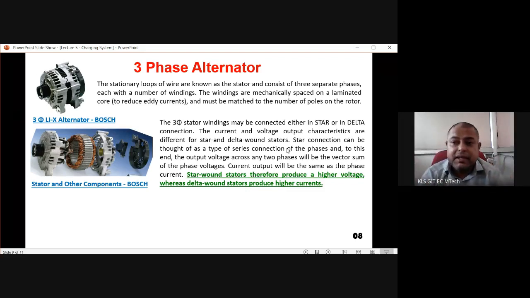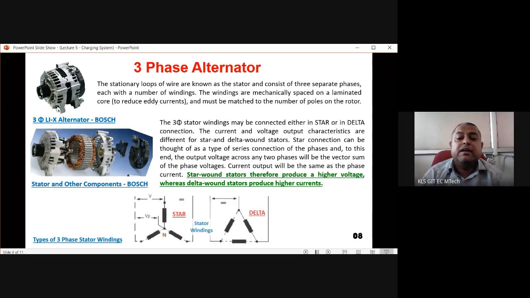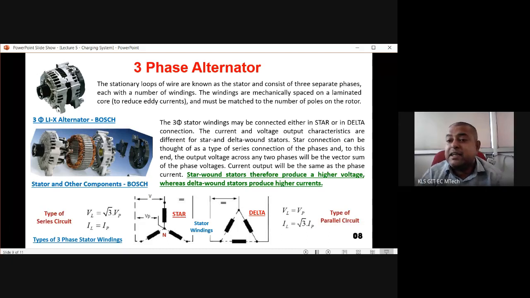In case of star, the line voltage is root 3 times the phase voltage. And for delta connection, the line current is root 3 times the phase current. So if we want a higher current output, we use the delta connection.